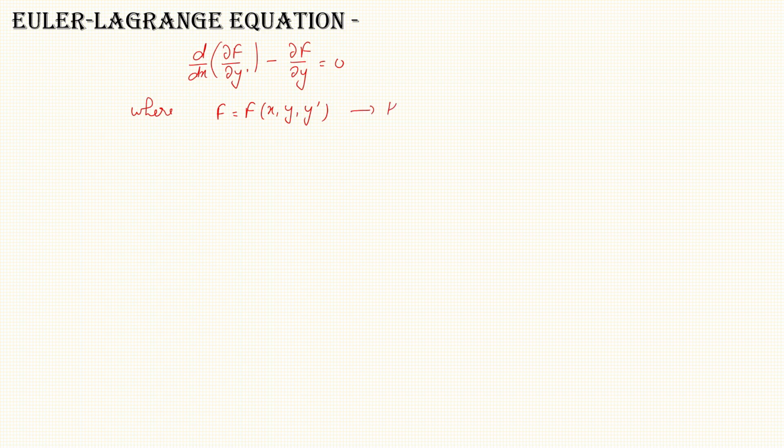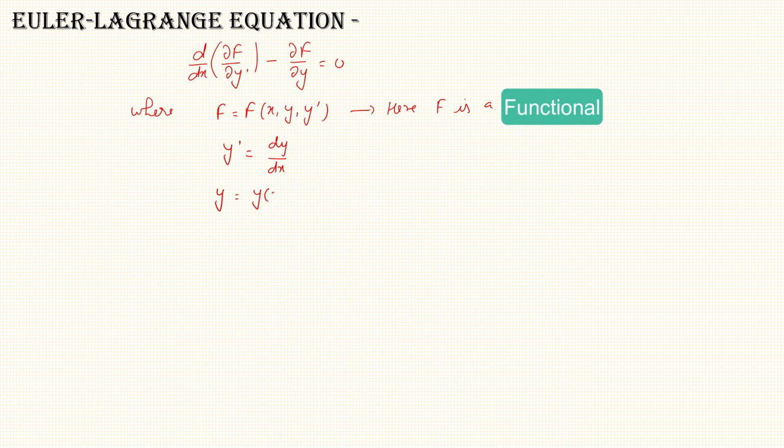Here f is a functional, y′ is dy/dx, and y is a function of x. In mathematics, a function of a function is called a functional. Clearly, here f is a function of y and y is also a function of x. Thus, f is a functional.